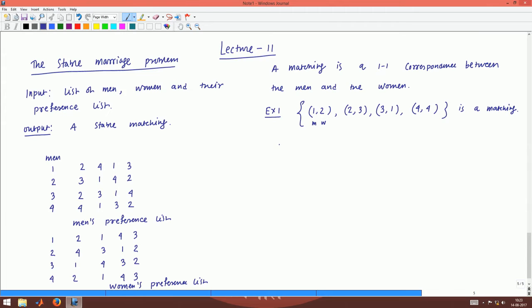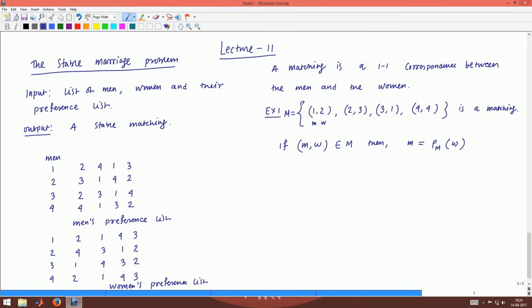Now some technical notations. If M W, that means it is like 1 2, if M W belongs to the matching M, let me call this matching M. That means these two are matched, man M is matched with woman W. So, they are matched in the matching M. If this belongs to M, then we say that M is equal to P_M(W).